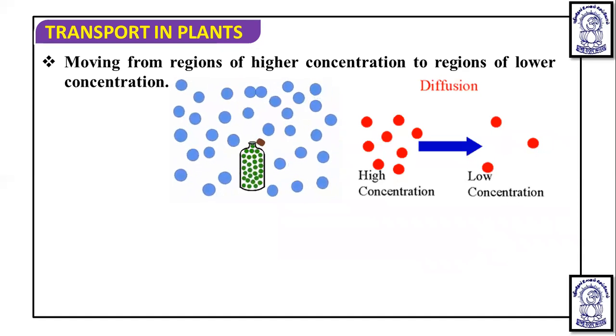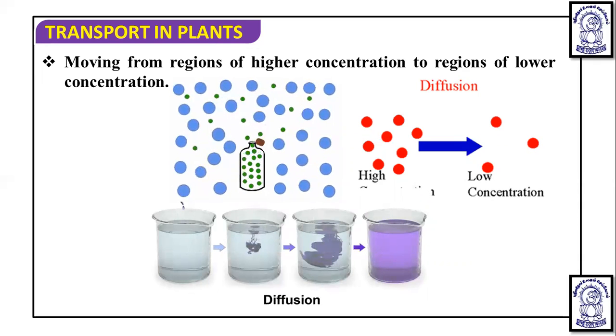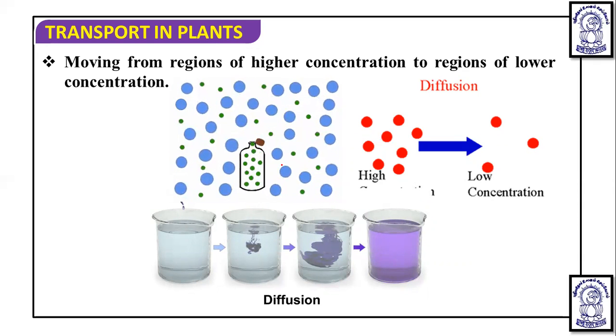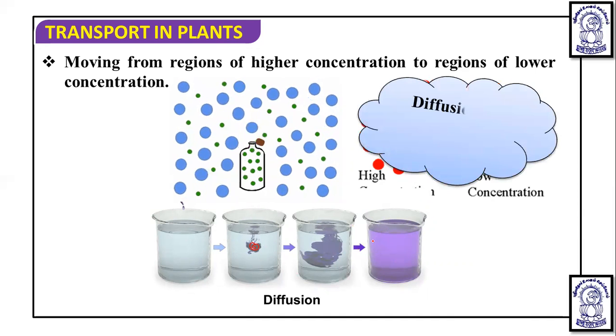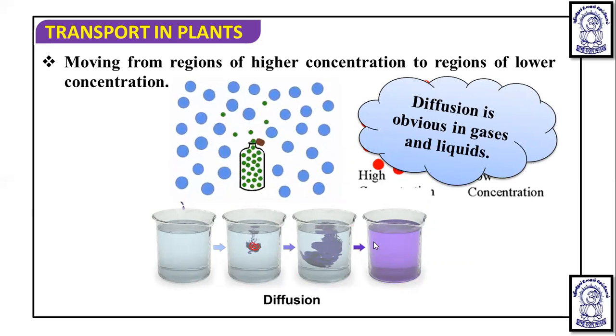So this diffusion will occur till the equilibrium is established. You can see here also in this beaker, this is the substance we have dissolved in it. Slowly it got dissolved and became evenly distributed in the beaker. So diffusion is obvious in gases and liquids, but it is not obvious in solids.